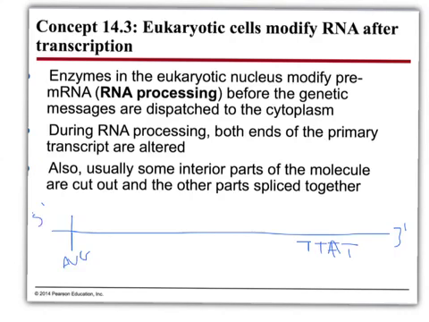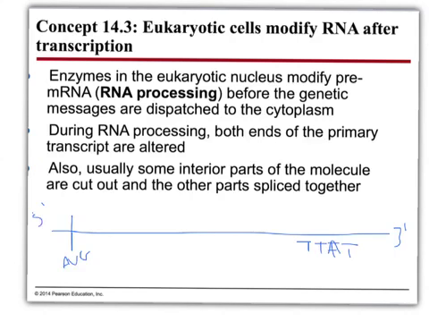What is going to happen in eukaryotes is that this RNA is not ready to leave the nucleus yet. It's not ready to be translated. There are a couple of processing steps that have to be performed for it to leave the nucleus and to be readily translated into a protein.